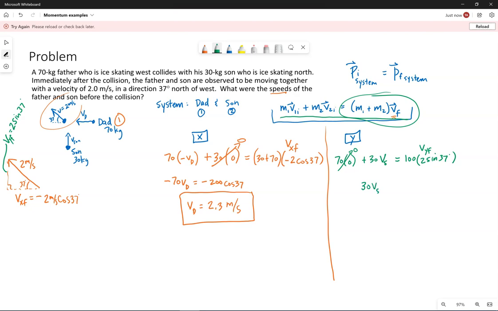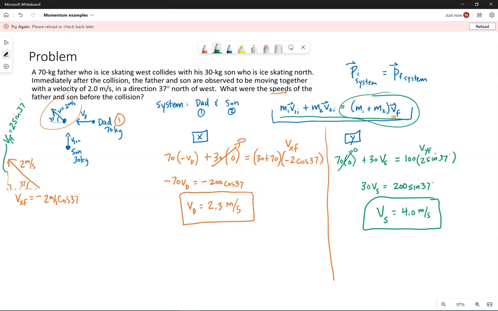So 30 v son is equal to 200 sine 37. Plugging these numbers in will give us how fast the son was traveling right before the collision. So the son was traveling 4 meters per second, almost twice the speed of Dad.